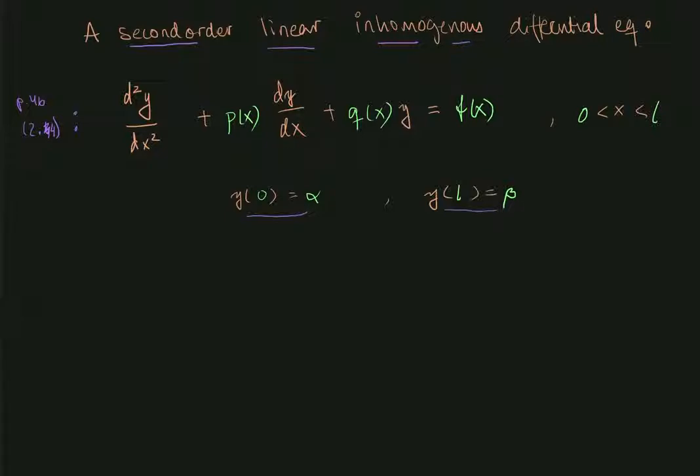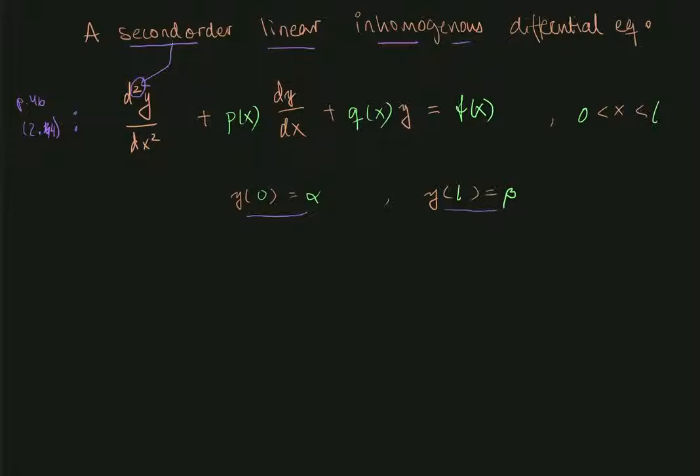So just before I start talking about this thing here, let's brush up on some differential equation terminology. So what does it mean that we have a second order differential equation? A differential equation is of second order when the solution is derived twice.